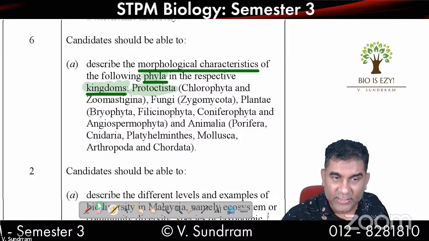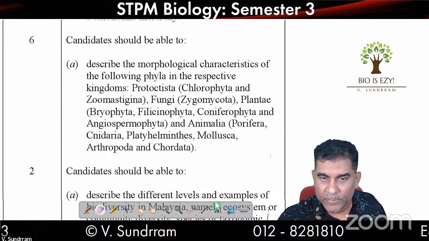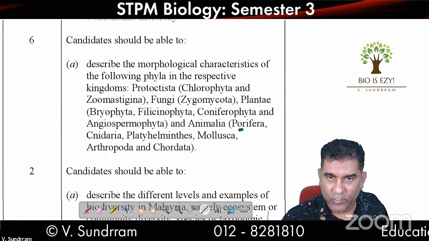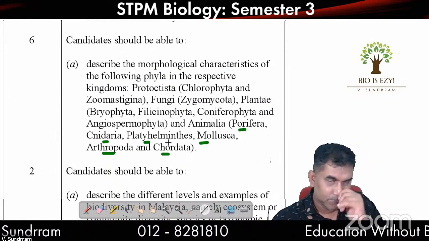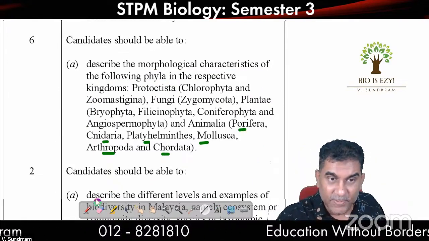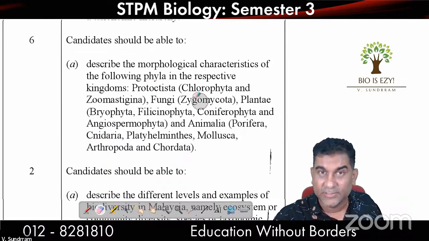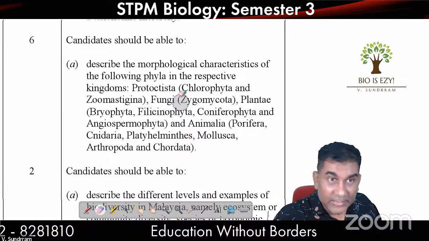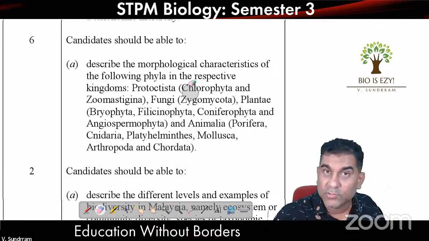So all the phylum that you need to know is already mentioned in the syllabus. The problem is the animal, because animal have at least 6. In the whole syllabus, the phylum of animal, I think, is around 13. After phylum, you learn class also.